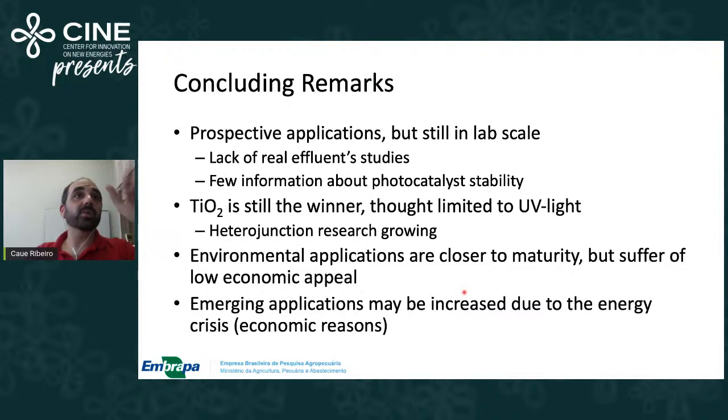Titanium oxide is still the winning material, but limited to UV light. That means that even other materials that can absorb more solar light don't have the same performance that titanium oxide has, while absorbing only 5 to 7% of the total incident solar light on the Earth.